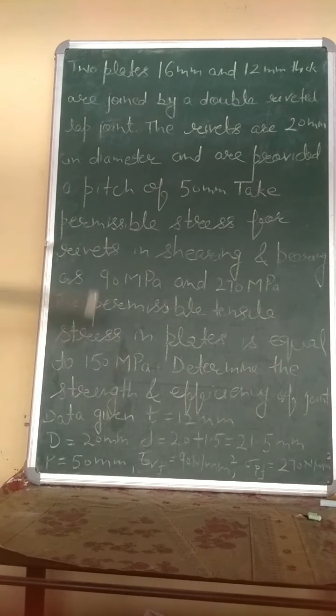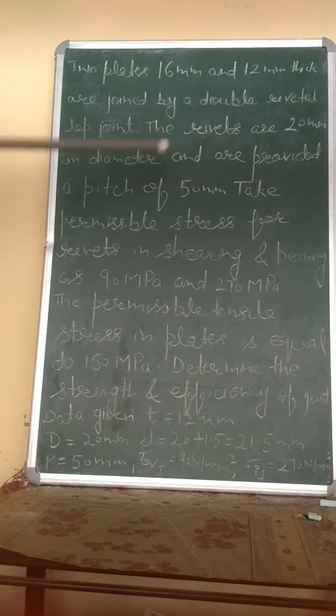We have to add 2 mm if the value is greater than 25 mm. So up to 25 mm, we add 1.5 mm. So gross diameter is equal to 20 plus 1.5, that is equal to 21.5 mm.